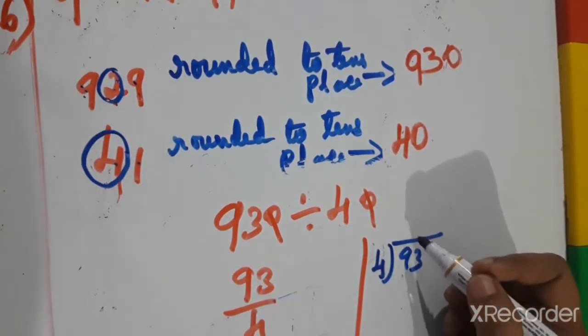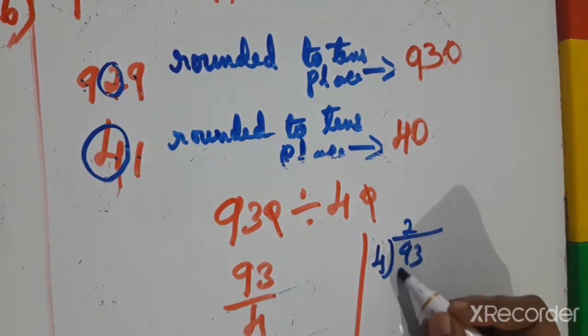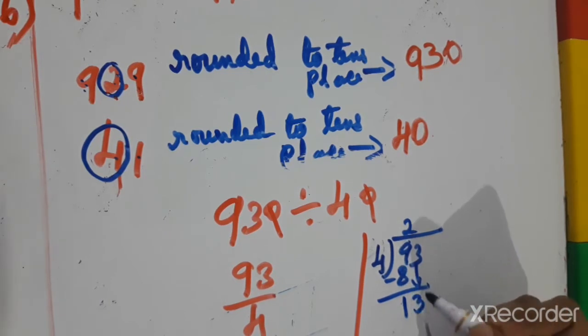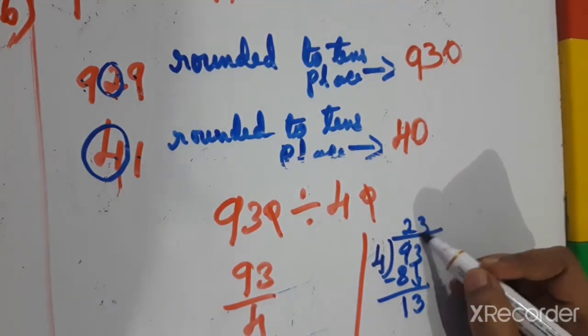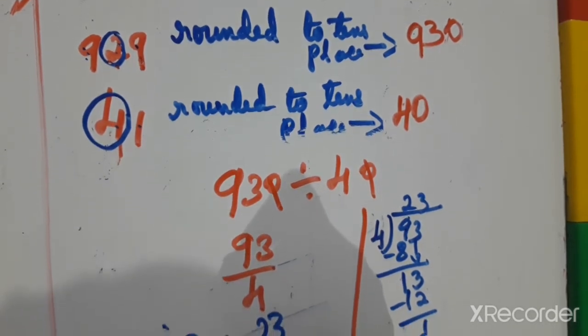Okay. Now 4 nines are 36, nearer to 9, 4 twos are 8, that is nearer to 9. 9 minus 8 is 1, 3 is carried down, 4 threes are 12, remainder is 1, our quotient is 23. Therefore the quotient is 23.